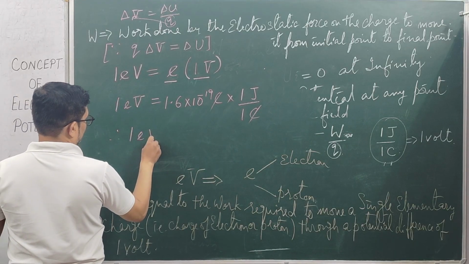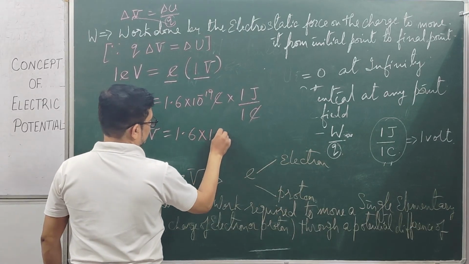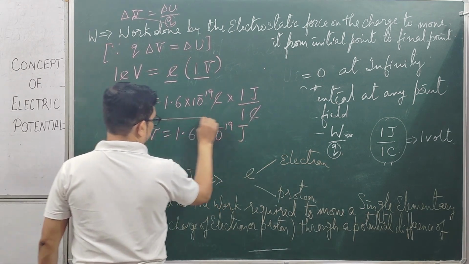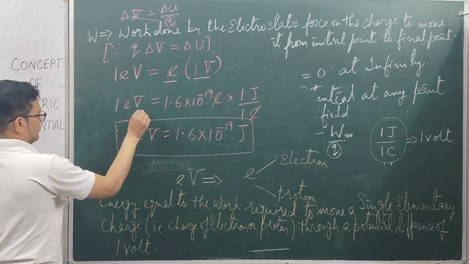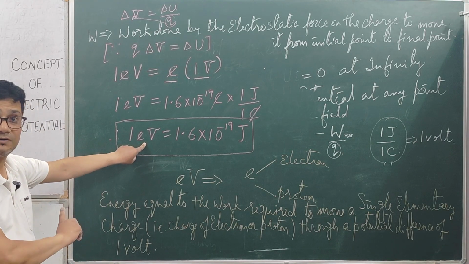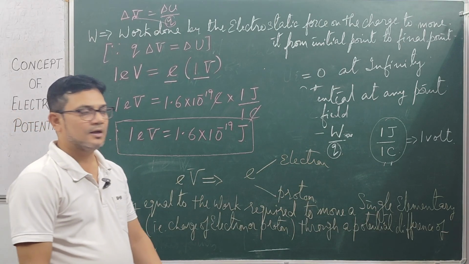Therefore, 1 electron volt comes out to be 1.6 times 10 raised to the power minus 19 joules. This energy conversion is very important, and we will be using it in numerical problems.